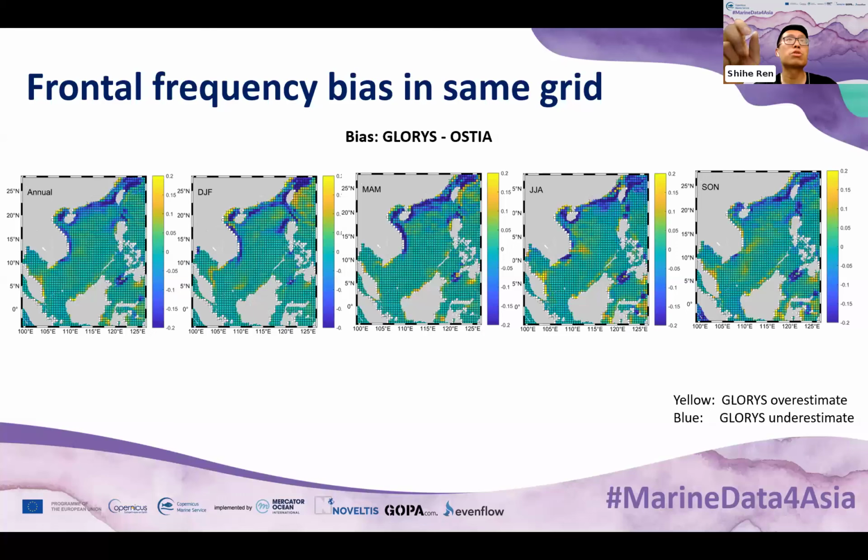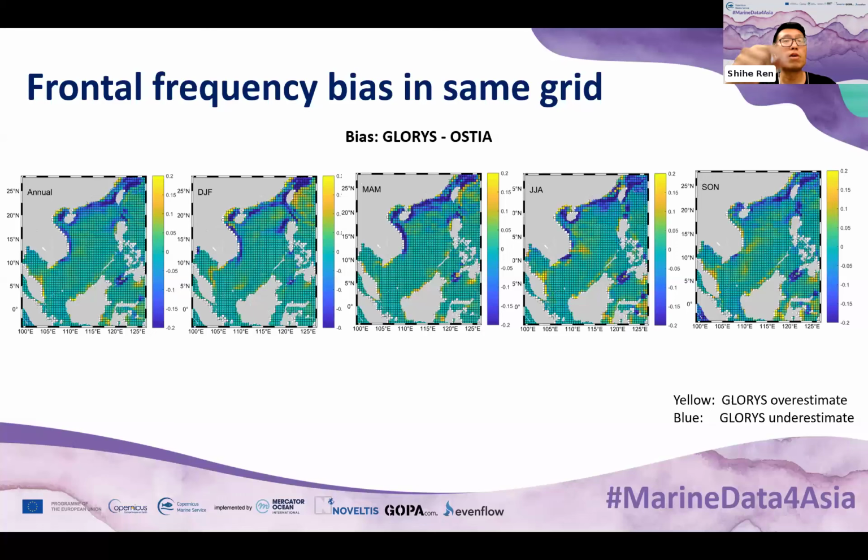In order to compare these two datasets, because the GLORIES and AVISO grids are not uniform, we interpolate the front frequency onto a uniform grid. For this case, we use 0.5 degree, and we calculate the bias of these two datasets. The yellow grid means GLORIES overestimates the front frequency, and the blue means GLORIES underestimates.